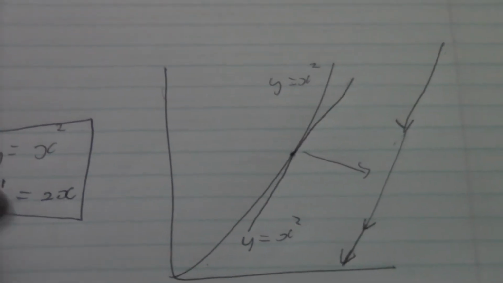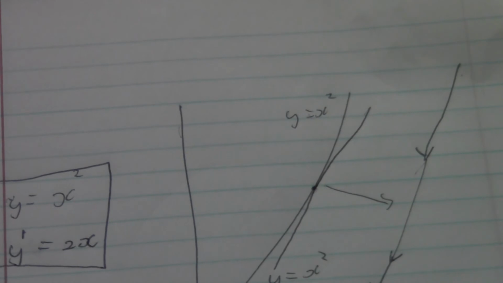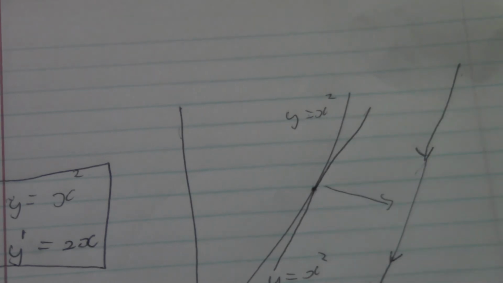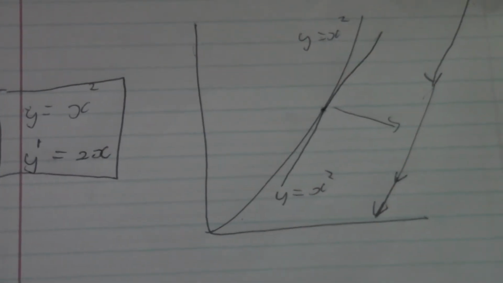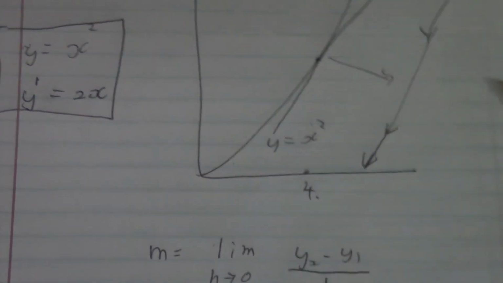I hope you guys understand what I mean. I'm sure you do. Right? So the question might ask, find the equation of the line that passes through this point at, let's just say x is equal to, let's just call it 4 or something.